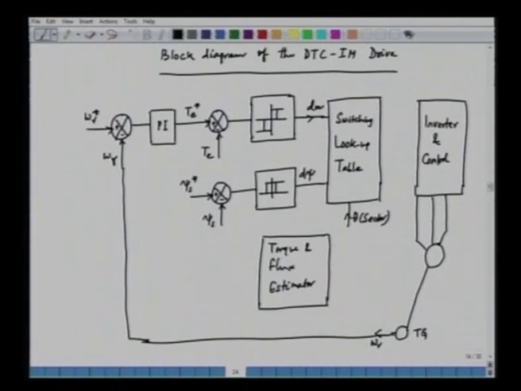And here in the estimator, we feed in this case VDS, VQS, IDS and IQS. And this is our induction motor, and these are the various currents here, IA, IB, IC.